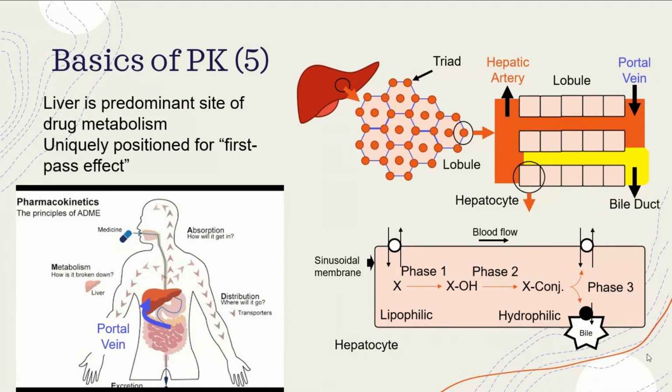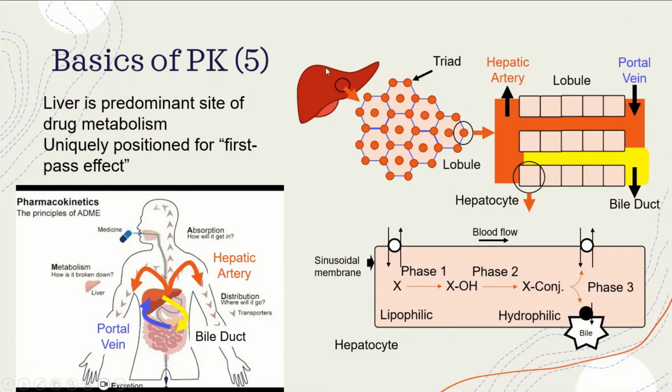So the first major organ that the xenobiotic sees after the intestine is the liver. Now the liver is going to take this drug, and it can release it into the circulation through the hepatic artery, and now it's going to be distributed throughout the organism, or it can take it and pump it into the bile duct, where it can go back into the intestines and into the feces.